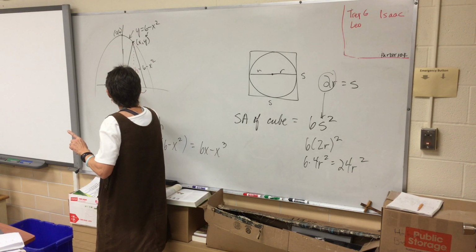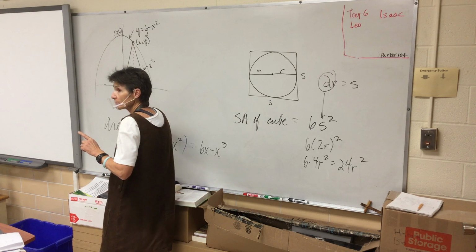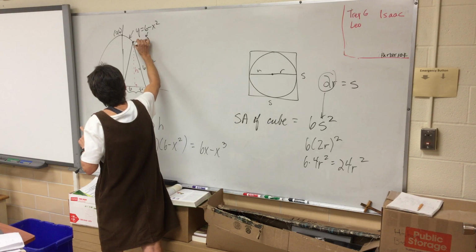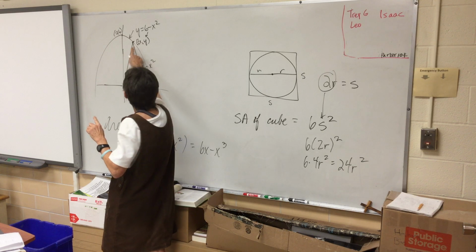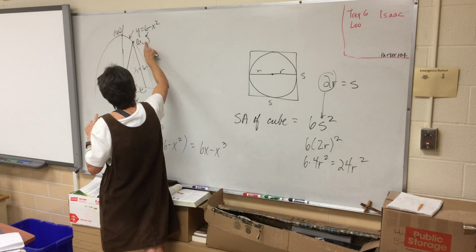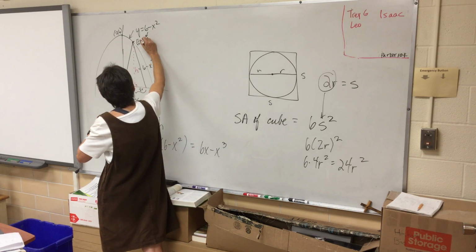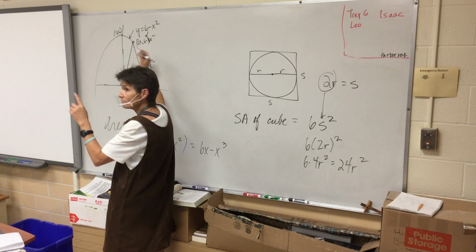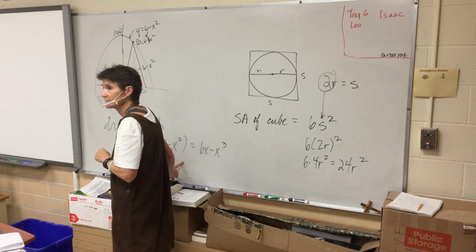I can call the whole thing x, but then this point up here is going to be 1/2 x. The x coordinate's going to be 1/2 x. And then I have to get my y, I have to plug in 1/2 x. So that's going to be 6 minus 1/4 x squared, which is fine, but then I just have fractions that I didn't have when I did it this way.